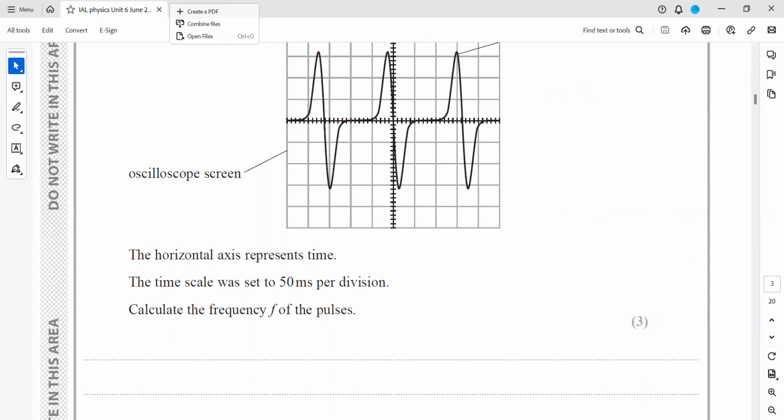That will give us the time period. Or you can measure the time for two complete vibrations or three complete vibrations, and then divide the total time by the number of vibrations or oscillations, and you get the time period. Then from the time period, take the reciprocal, and you get the frequency.